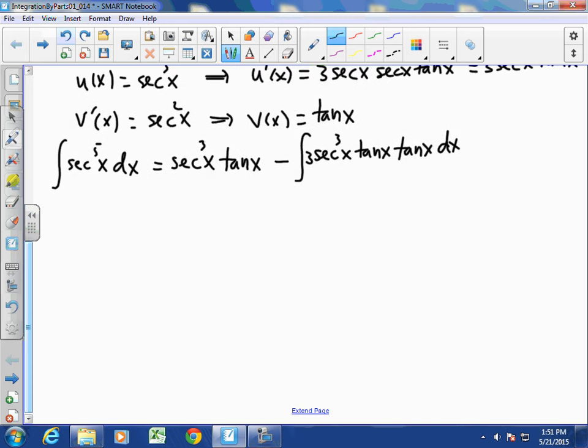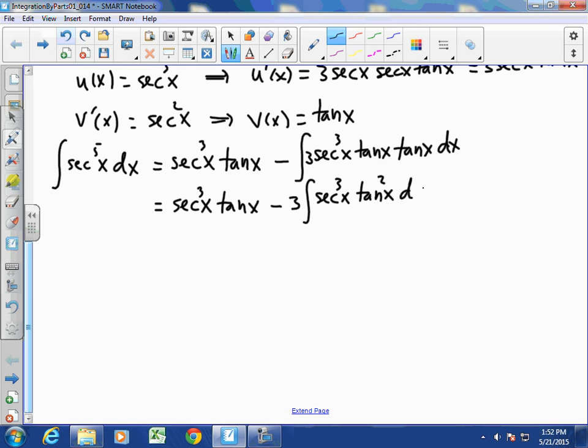So this gives us secant cube x tangent x minus 3 times the integral of secant cube x tangent square x dx.